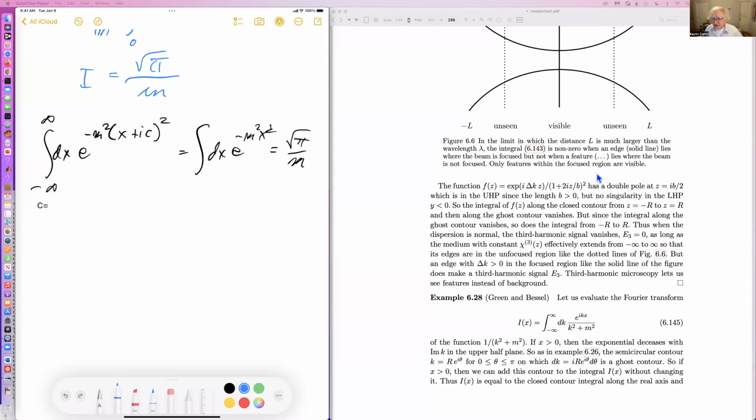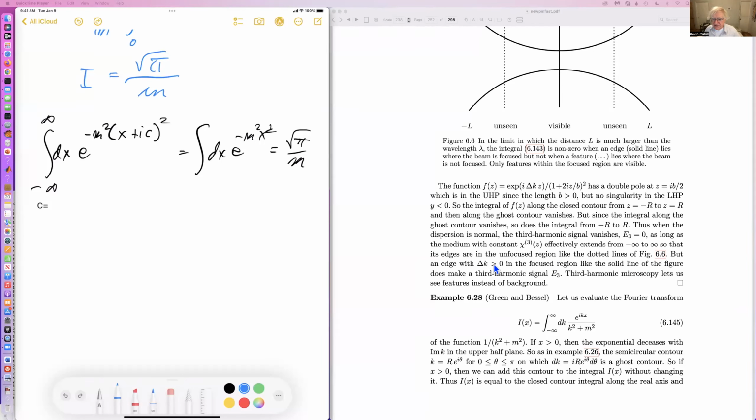On the other hand, so the idea is when the dispersion is normal, the third harmonic signal vanishes as long as the medium with more or less constant chi3 of z effectively extends from minus infinity to plus infinity. So the edges are in the unfocused region, like there.